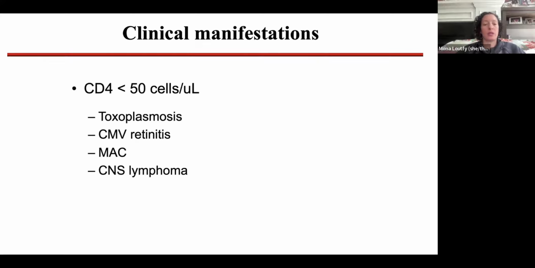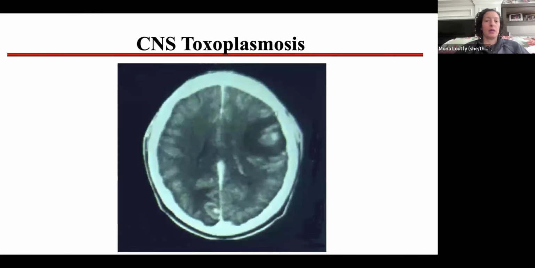Also Mycobacterium avium complex and CNS lymphoma. That's why I say opportunistic infections and diseases, because it's not only infections like toxo, CMV, MAC, but also cancers like CNS lymphoma, which is associated with an infection, EBV, Epstein-Barr virus.